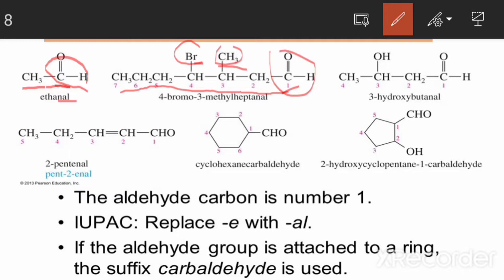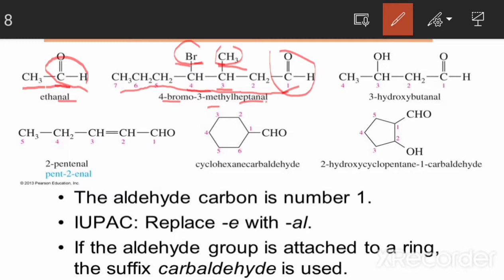On the third carbon there is a methyl group, and on the fourth carbon there is a bromine group. So it will be named alphabetically. B comes before methyl M. So it will be named as 4-bromo-3-methylheptanal. Nal for al, for aldehyde group.